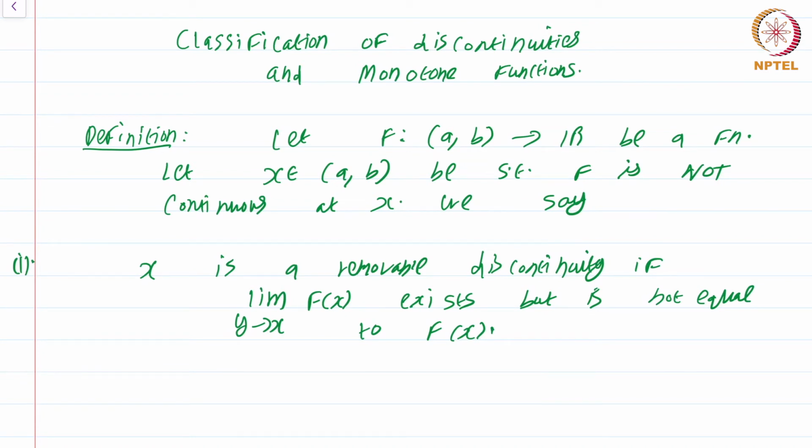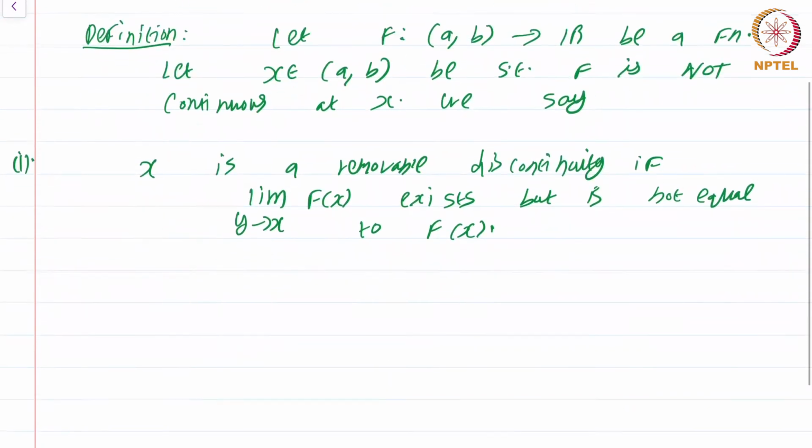So in some sense, this function f has a fake singularity, a fake discontinuity at the point x. It's not really discontinuous at the point x. The way that function has been defined at the point x is what is making it discontinuous. So redefining that function at just that one point is going to fix the issue. So that's why this is called a removable discontinuity.